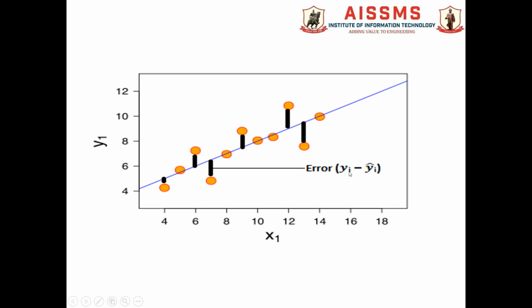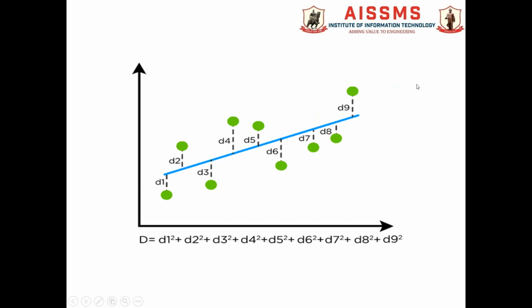That error is calculated by finding the distance between the actual data point and the predicted value of that data point. That difference is our error. We find this error for each and every data point, then we take the square and summation, and that will give you the sum of squared error.